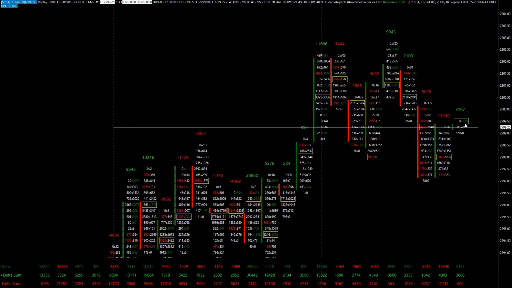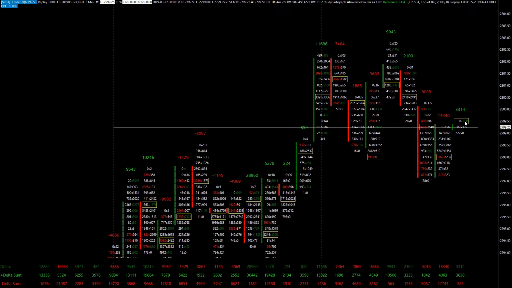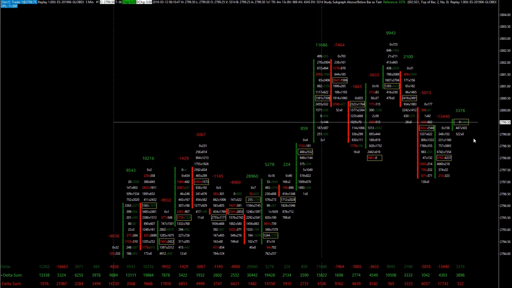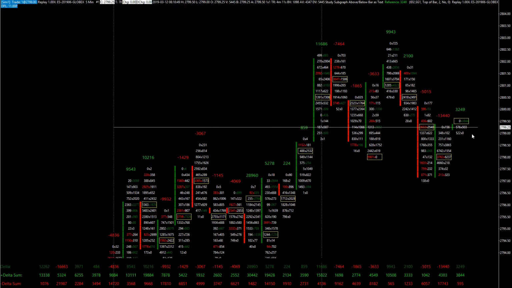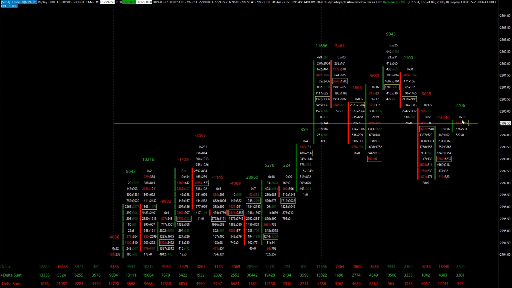It pops up here to a 3,800 trade, and prices don't go higher. So now you're already at almost 3,400 plus delta. You see some hitting the bid. Okay, it goes higher than that, 18 trade at the ask.